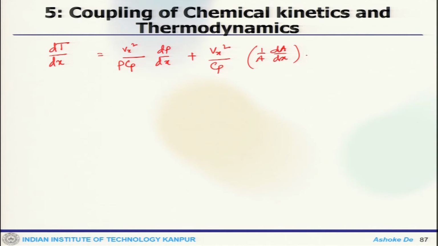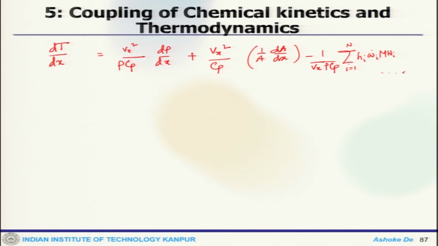Minus, we have one term which is 1/(Vx rho Cp) times the summation over all the species of h_i omega dot i times the molecular weight of i.